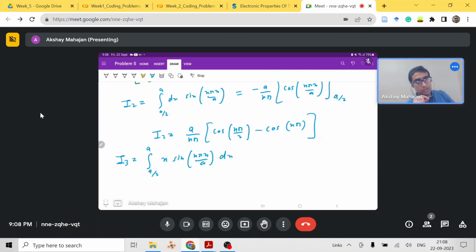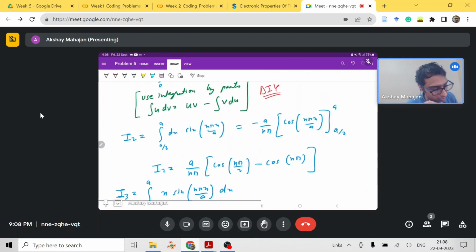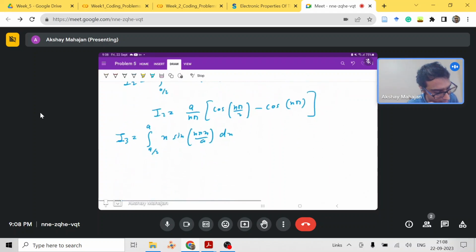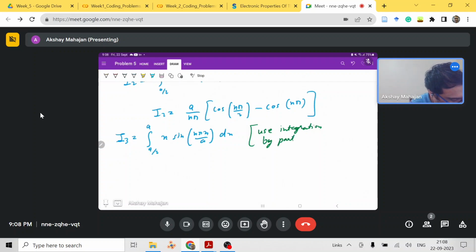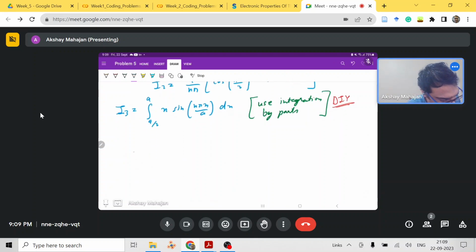Again we have to use the same integration by parts. So again this is a DIY for you. You can try to do it, and if you find any issue, then you can ask later in the discussion forum or in the YouTube comments.